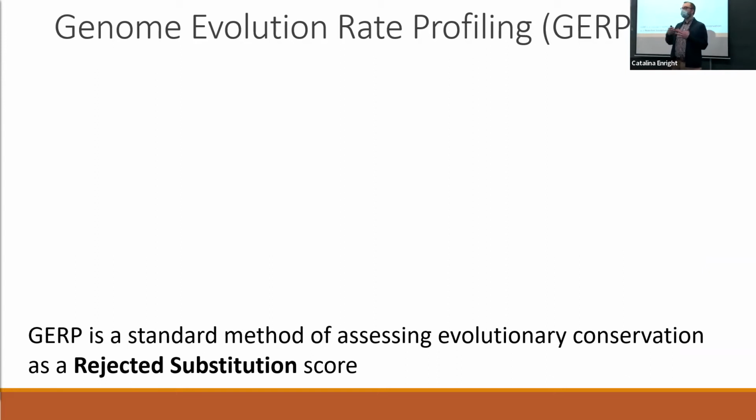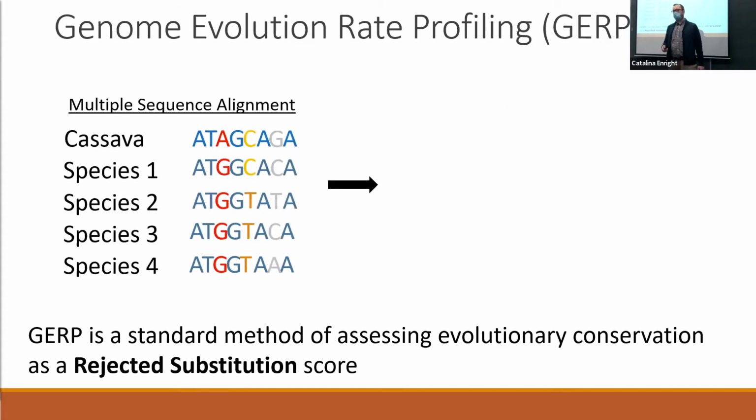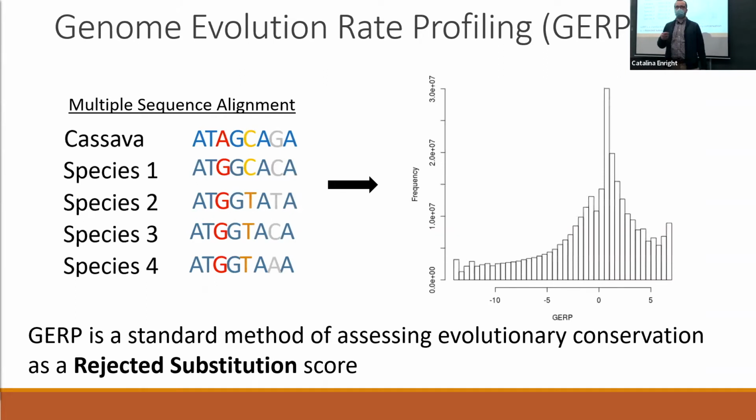Basically, it estimates the amount of neutral mutation that would happen in a region, and then looks at a site and asks how many mutations should have occurred. If they didn't occur, that's a rejected substitution, and that indicates conservation. So we take a multiple sequence alignment, put it through the GERP pipeline, and come out with a big set of GERP scores.